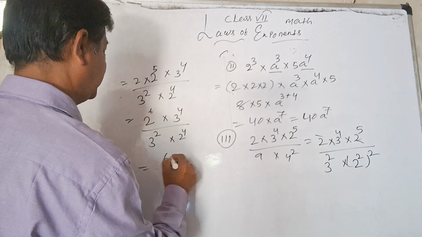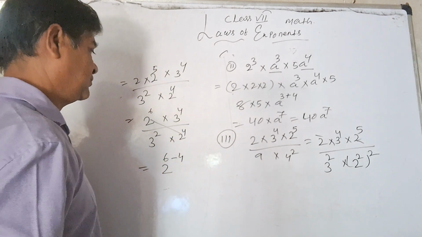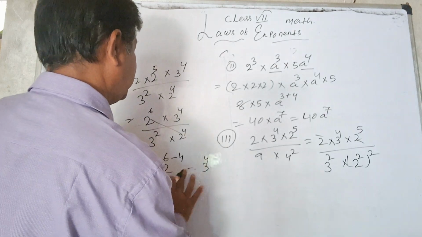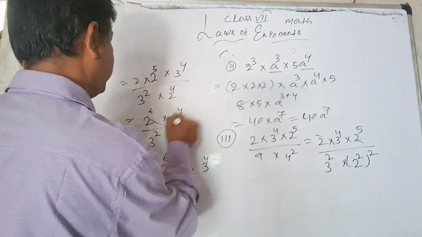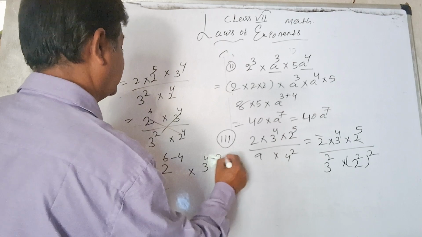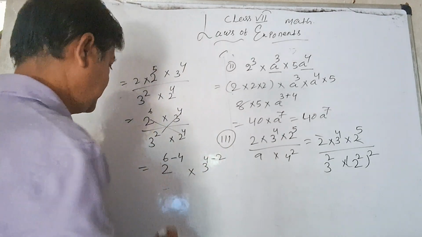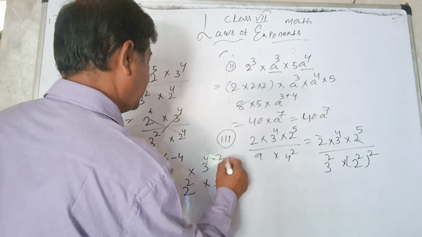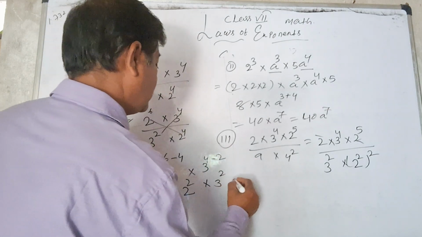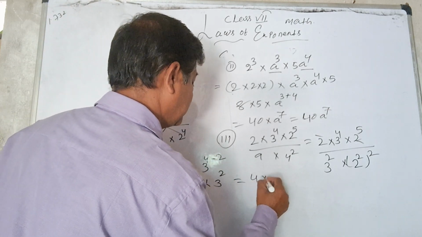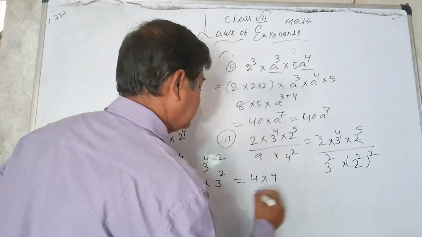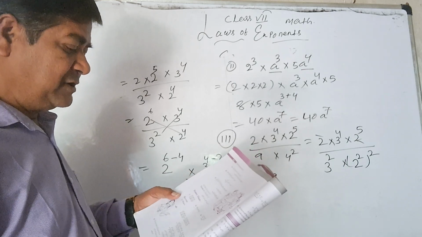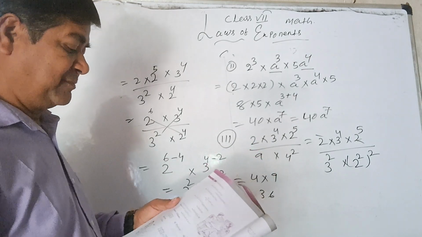Answer will be 2 to the power 6 minus 4, which is 2 to the power 2, 2 to the power 6 divided by 2 to the power 4. Similarly, 3 to the power 4 divided by 3 to the power 2, that is 3 to the power 4 minus 2, 3 square. 2 to the power 2 will be 2 into 2, 4. 3 square equal to 3 into 3, 9. 36 is your answer. In this way, you will be able to finish your example 12.